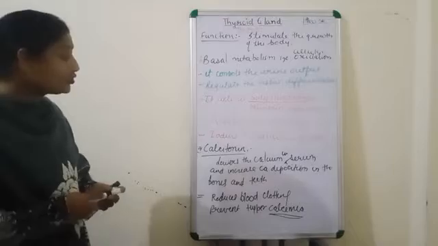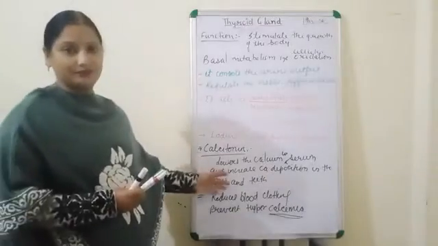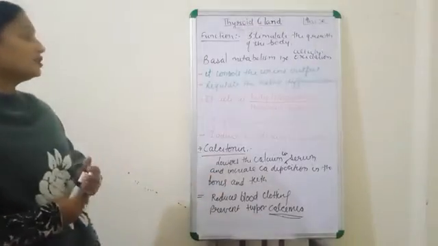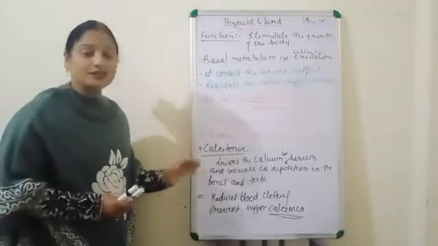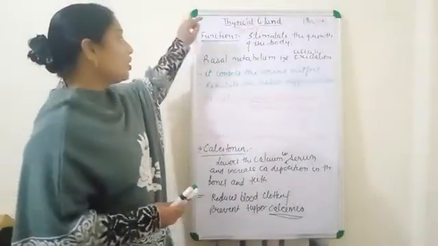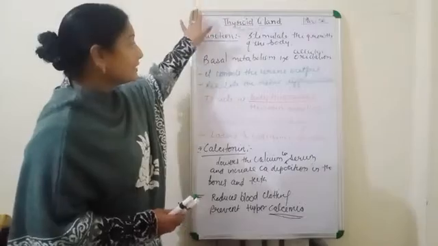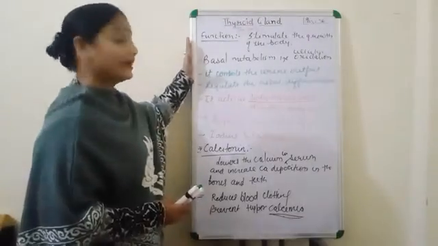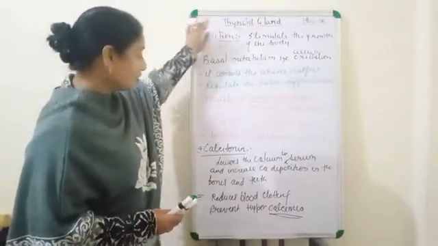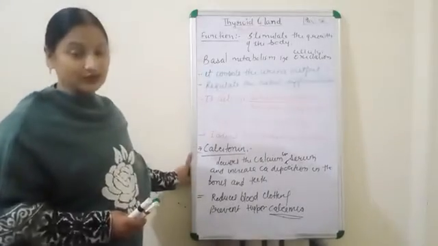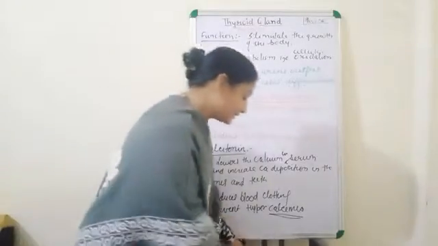So it is used to regulate the calcium. So this is all about the important functions of the hormones secreted by the thyroid gland, that is thyroxine and calcitonin. Now let's see some diseases.